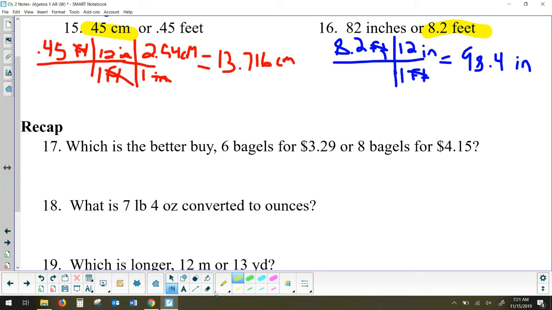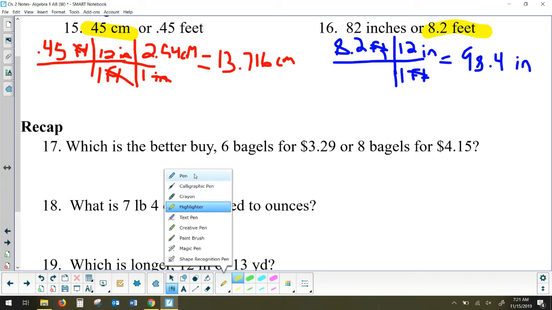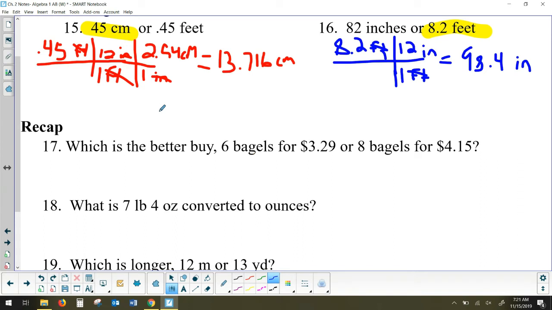Now we want to look. We're going to recap everything we've done in 2.6. So, for our unit rate, we want to know which is better buy. We're finding our unit rates. What do we have to do? We have to look at a price over the quantity. How much do we pay for how much we got? 3.29 is what we paid.